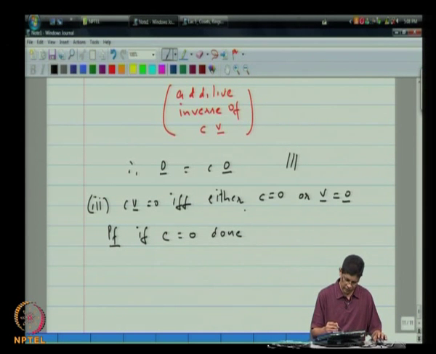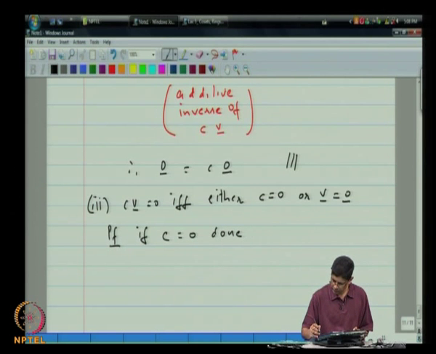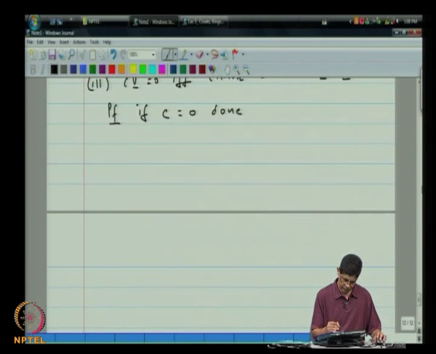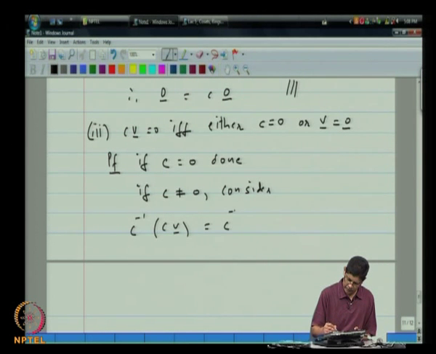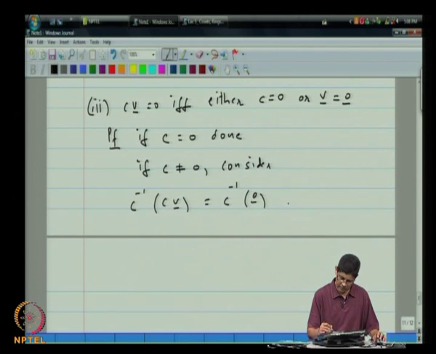If C is not equal to 0, then consider C inverse times CV, which is equal to C inverse times 0, but we know that any scalar that multiplies 0 will give us 0, right.